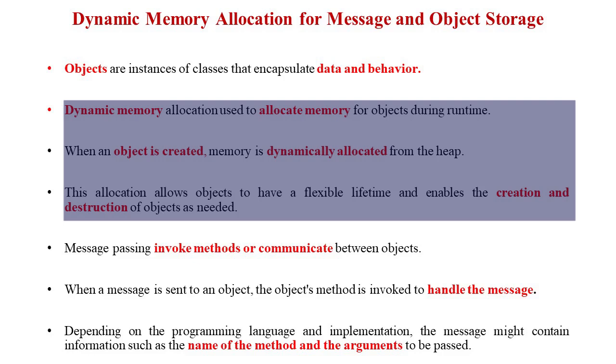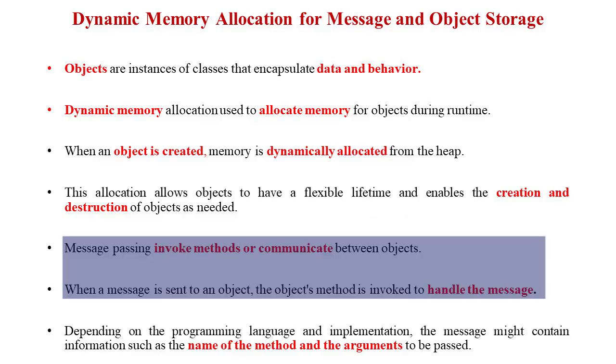When an object is created, memory is dynamically allocated from the heap to store the object's data. This dynamic memory allocation allows objects to have a flexible lifetime, which enables the creation and destruction of objects as needed.